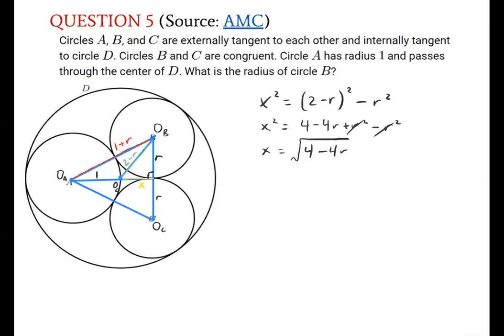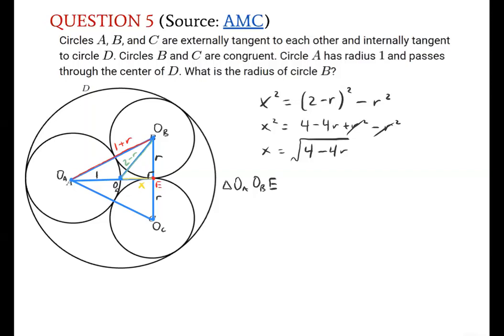Next, now that we have X expressed in terms of R, we can look at the triangle OA, OB, and we're going to call this point between B and C, we're going to call that E. So we're going to look at this triangle.